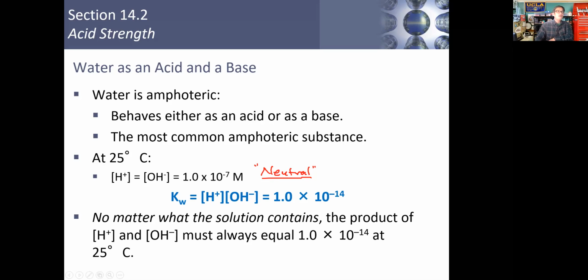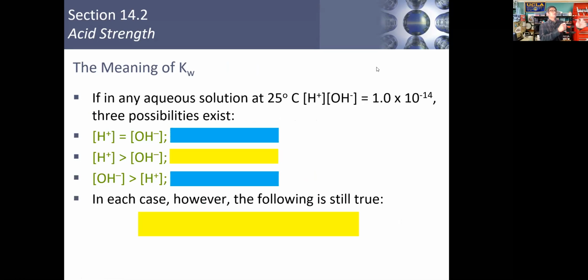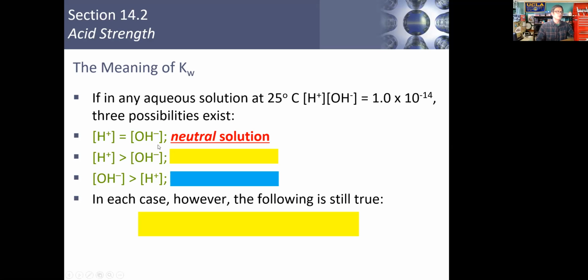So how can we use this to our advantage, folks? Well, let's take a look at this here. At 25 degrees Celsius, we have this, and this is the equilibrium constant here. If those two concentrations are equal, it should be pretty straightforward: we have a neutral solution, with an equal amount of hydrogen ions and hydroxide ions. That's neutral.